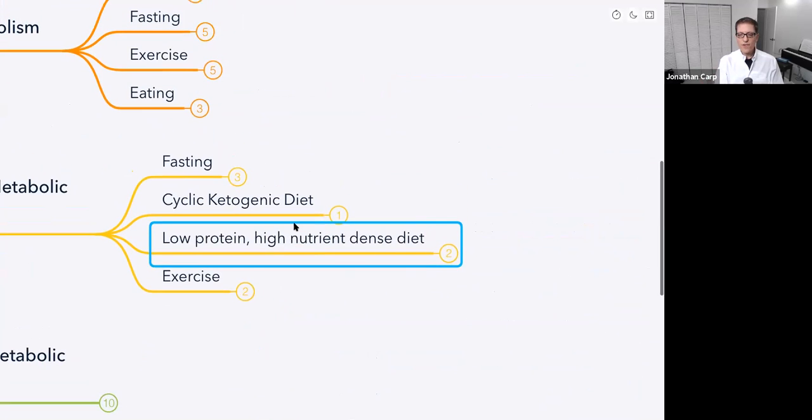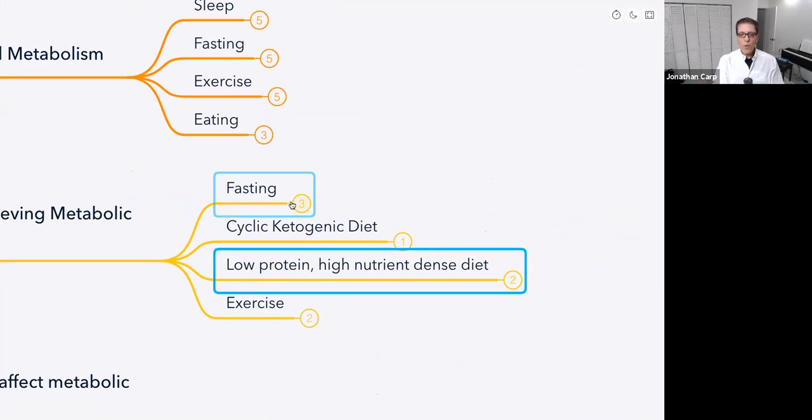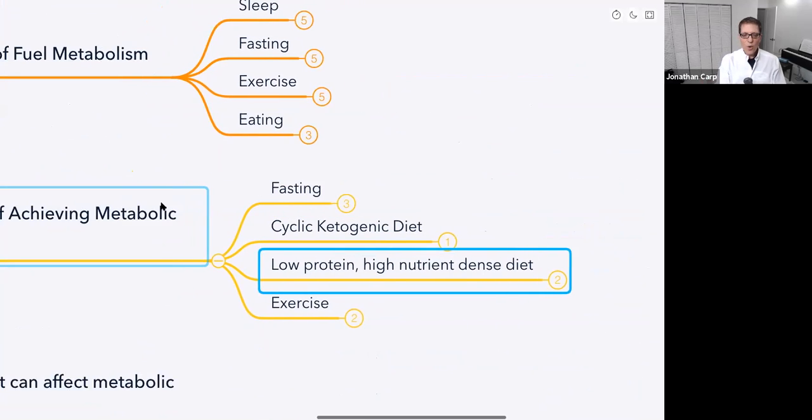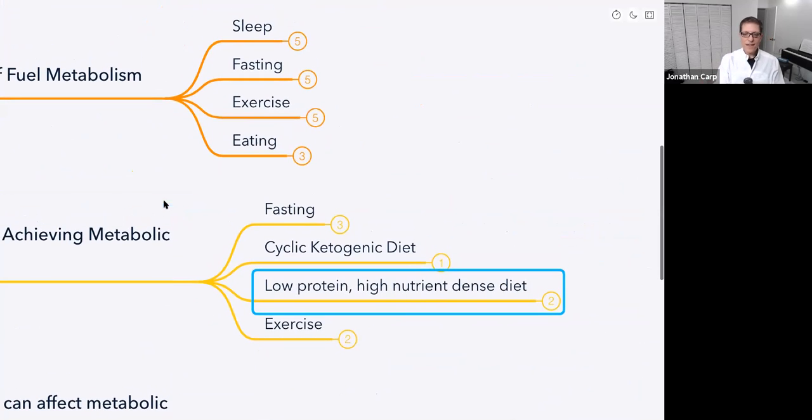First we'll start with fasting. The reason fasting helps you achieve metabolic flexibility is precisely because you are switching into a different state of metabolism.